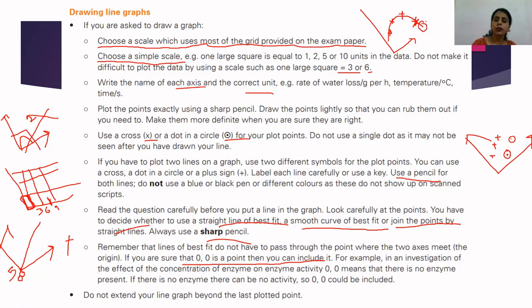If you do that, you will not be awarded any mark for joining the plots with a sharp and clear line. Remember this, because this is called extrapolation. Extrapolation means making an extra line beyond the last plotted point.